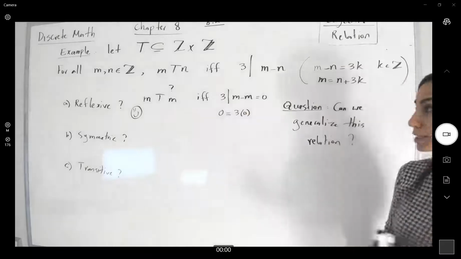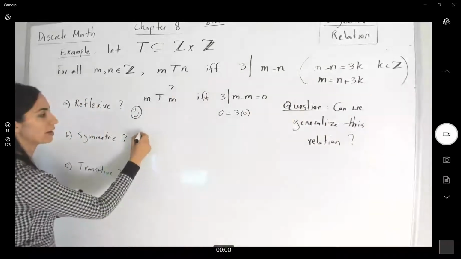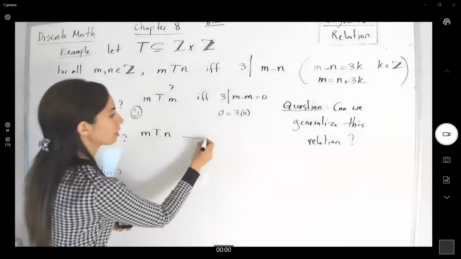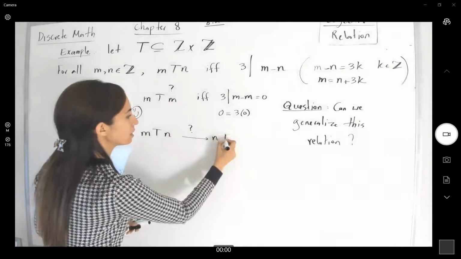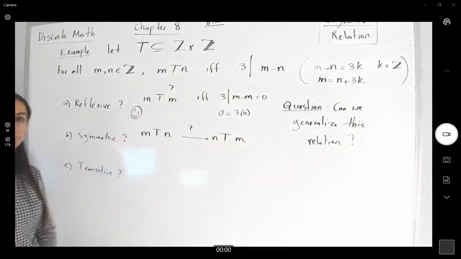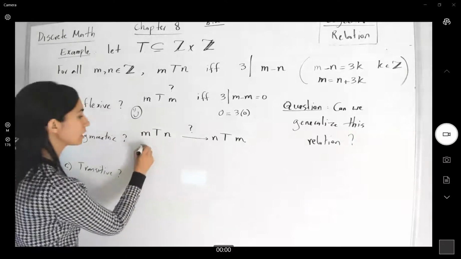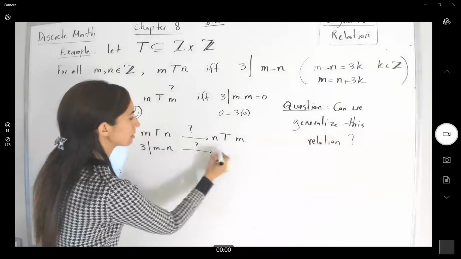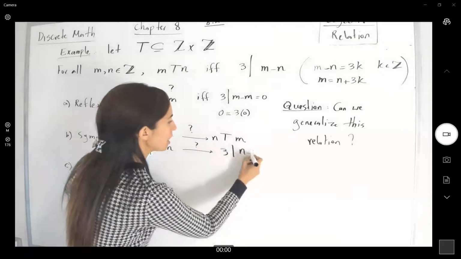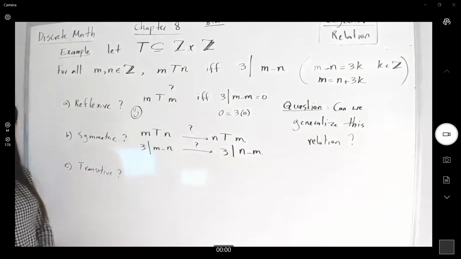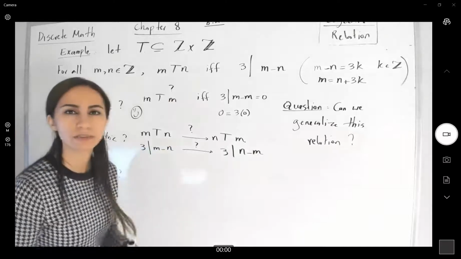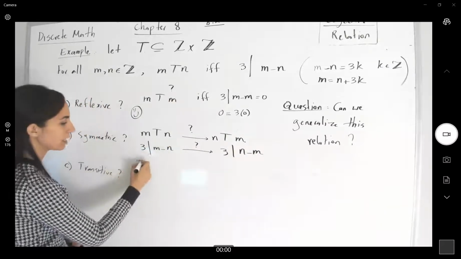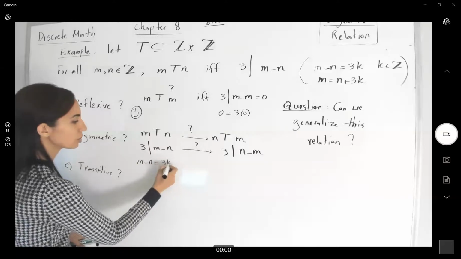Is it symmetric? It means that if M is in relation with N, can we conclude that N is in relation with M? Or in other words, if 3 divides M minus N, can we conclude that 3 divides N minus M? Okay, we know the definition of divisibility. We know that there exists an integer K such that M minus N is equal to 3K.